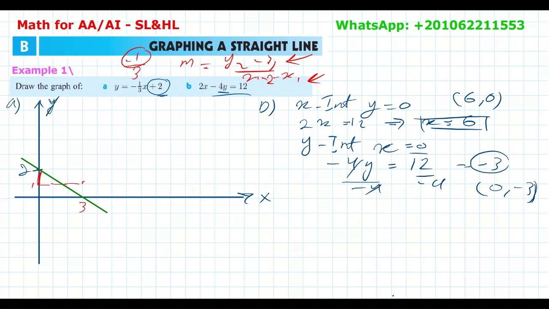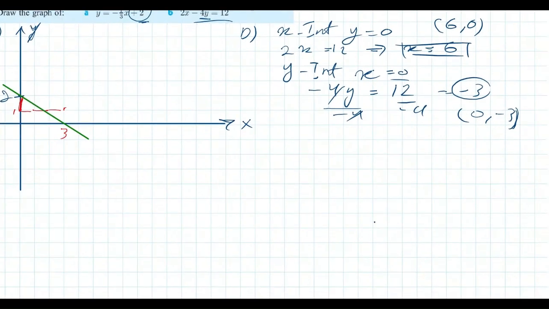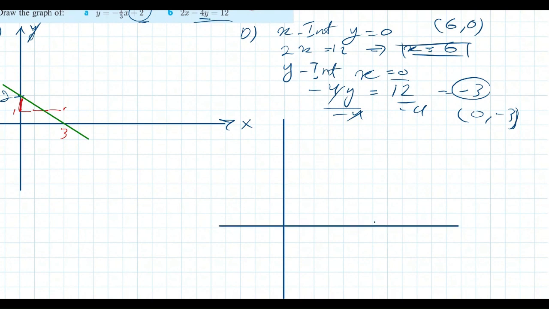Then we can graph it on the coordinate plane. This is the y-axis, and after that the x-axis. The first point was 6 and 0, and 1, 2, 3, 4, 5, 6.